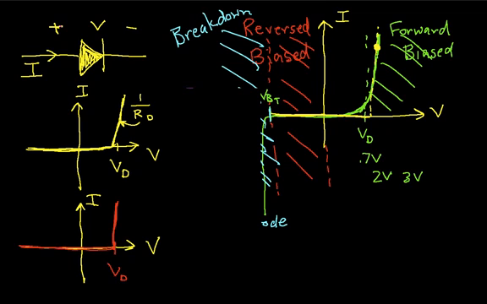And the idea here is that when the diode is forward biased, I can represent the diode as just being a voltage source of value V sub D. Okay.